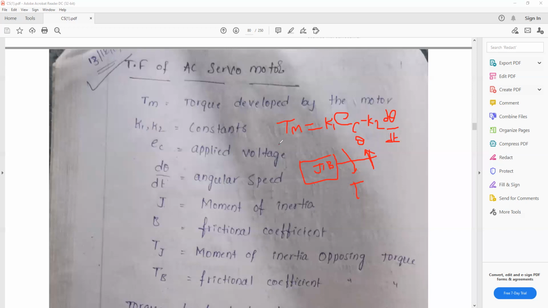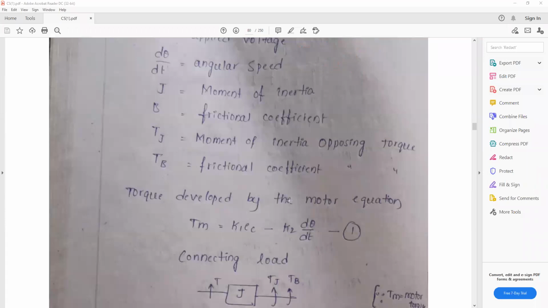So in the motor torque equation, K1 Ec minus K2 into d theta by dt. So torque developed by the motor Tm is equal to K1 Ec minus K2 into d theta by dt.